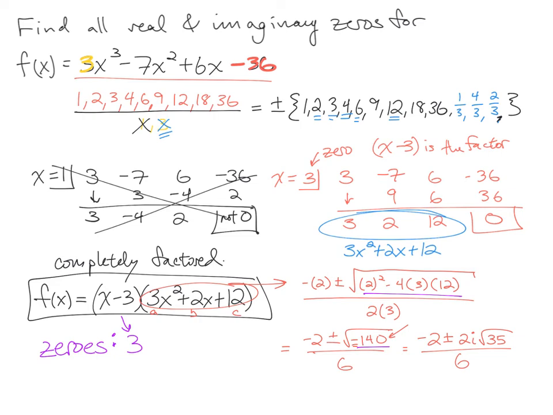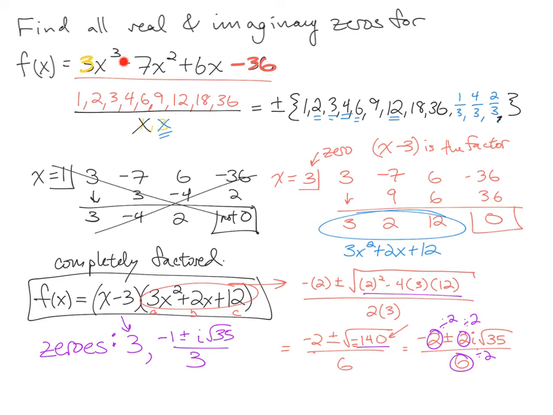And then you can simplify this fraction if you can divide every number outside of the square root by the same number. So if you divide all these by 2, you'll see that we get negative 1 plus or minus i square root of 35 all over 3. So here are the 3 answers you were expecting to get anyway, because I'm going to bring this back to your attention.